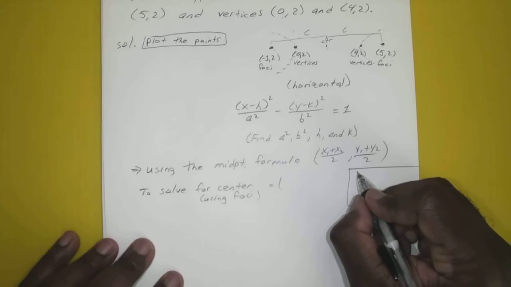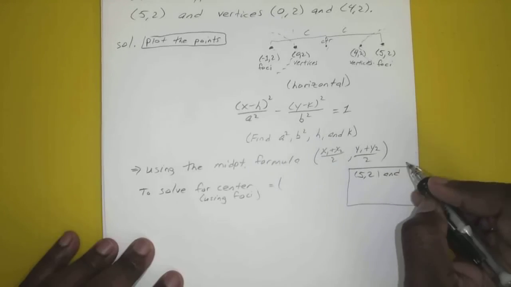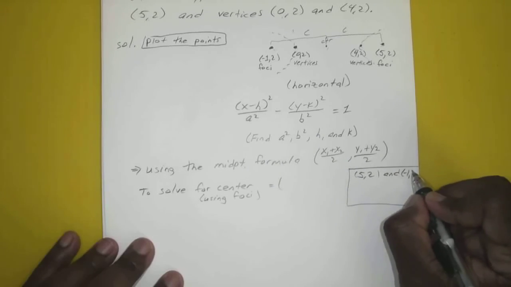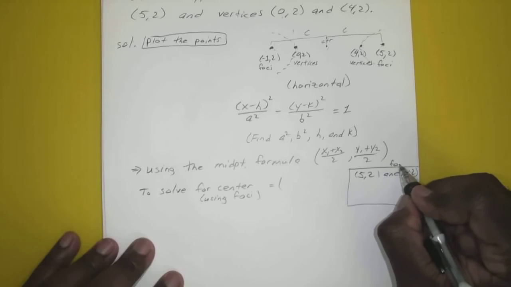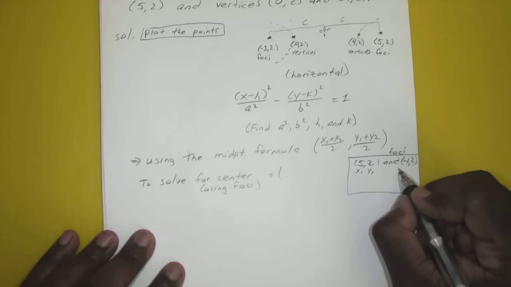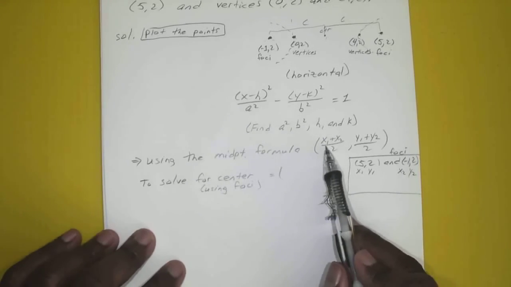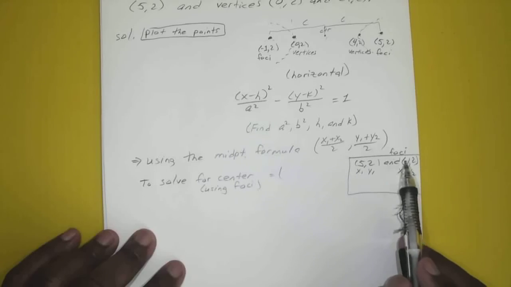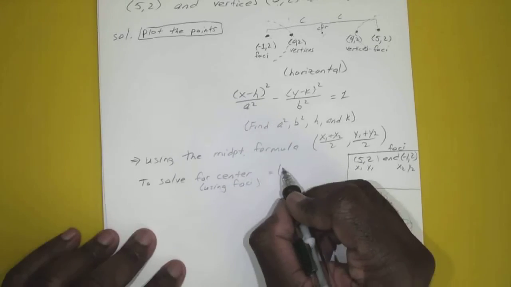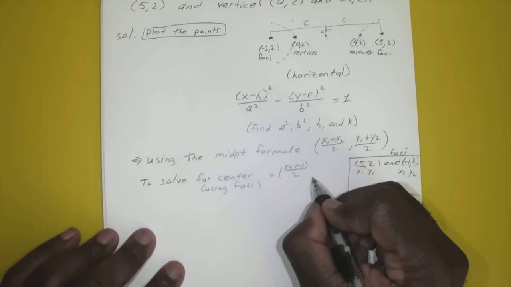Okay, so if we have our 5, 2, and negative 1, 2, remember those are your focus points. Just make one our x1, y1, and our x2, y2. So if we plug it in, x1 plus x2 is 5 plus negative 1 divided by 2.